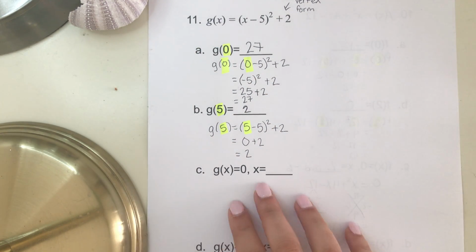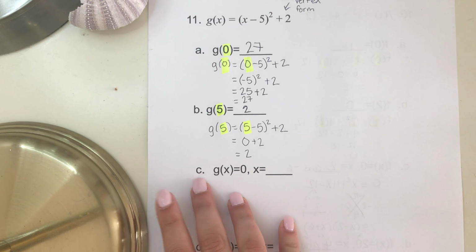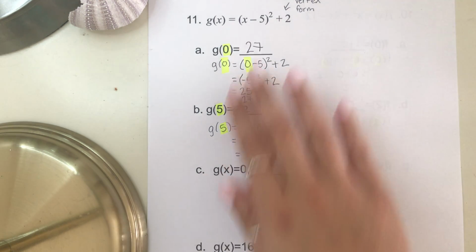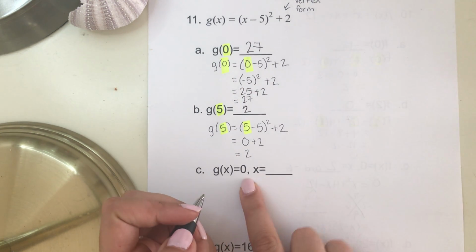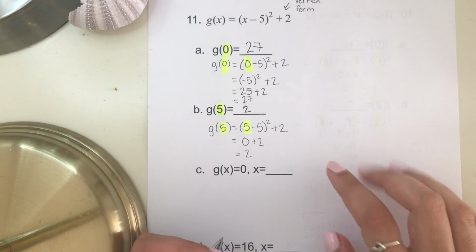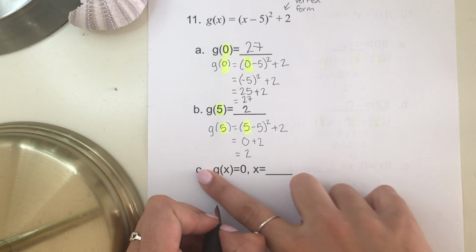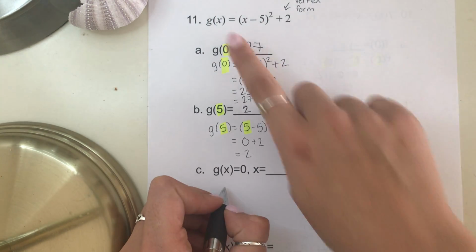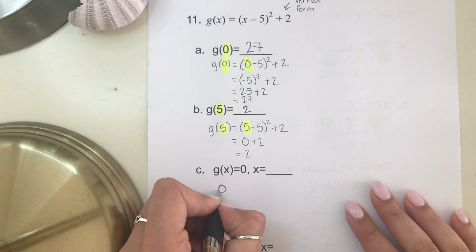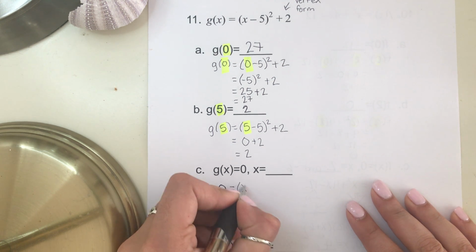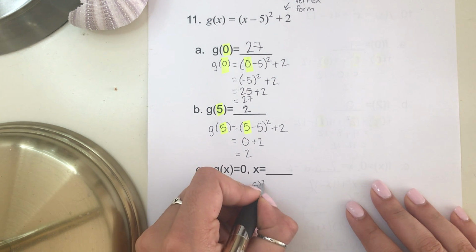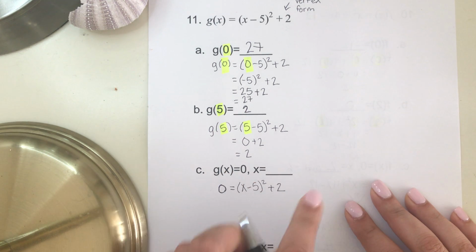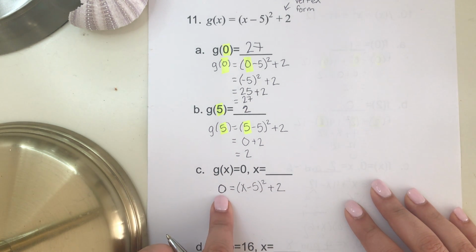Now, just like number 10 in part C, for number 11 in part C, I'm setting my function equal to 0. When you set your function equal to 0, it means you're replacing where it says g of x with the number 0. And when you see a function set equal to 0, that means you should solve it.